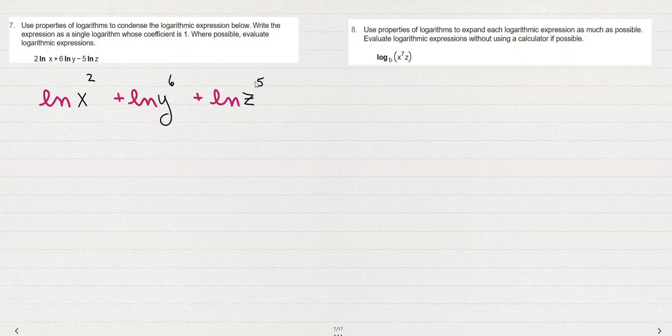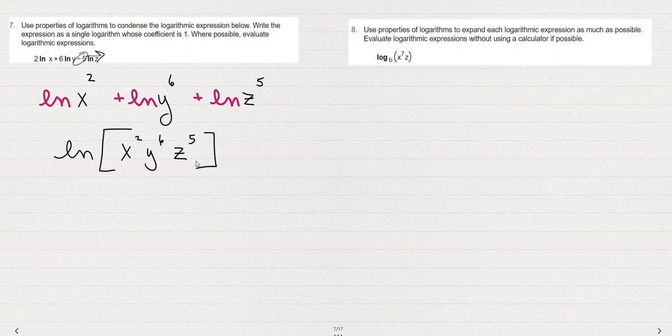So notice that those coefficients become the power. And next to condense these, I'm only going to write the natural log once, the log base e once. These are all added. So when I condense it, they're all written as multiplication.